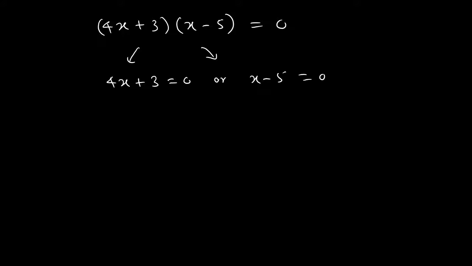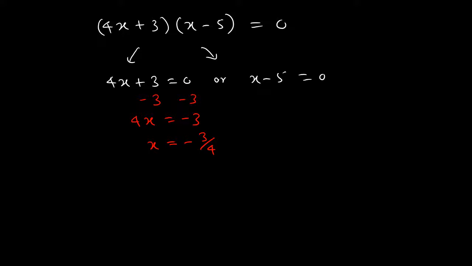Now after we get that, we need to solve for x. This is very easy. We subtract 3 from both sides. Then you get 4x equal -3, and then we divide by 4. Once you divide by 4, you get -3 over 4.